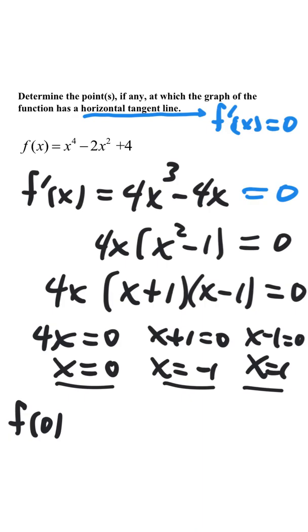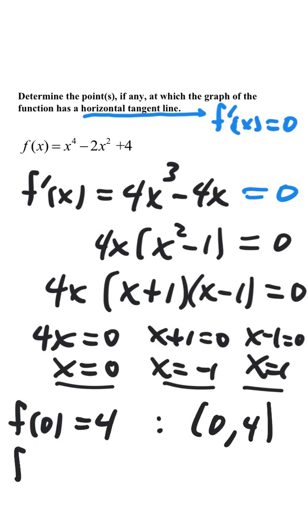Okay, so our original function is x to the 4th minus 2x squared plus 4. If you replace the x's with 0, your answer will be 4. That gives us the point 0, 4.